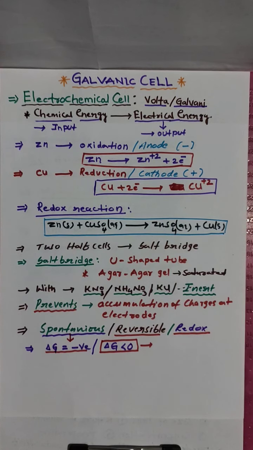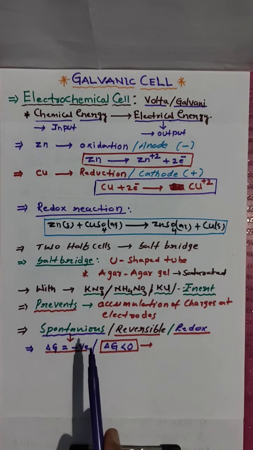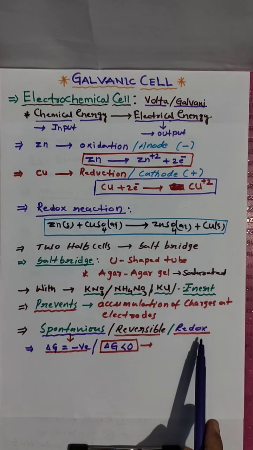So the reaction which takes place in a galvanic cell is spontaneous. Why? Because we are not giving any external source. On its own it gives electrical energy by using chemical energy, and we can reverse it, and both oxidation and reduction take place. That's why it is a redox reaction. So three terms you have to remember: spontaneous, reversible, redox reaction.